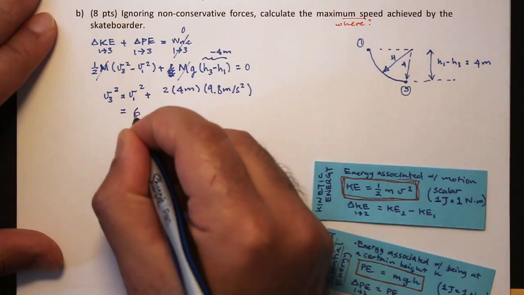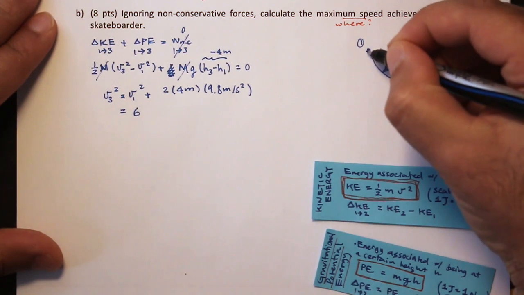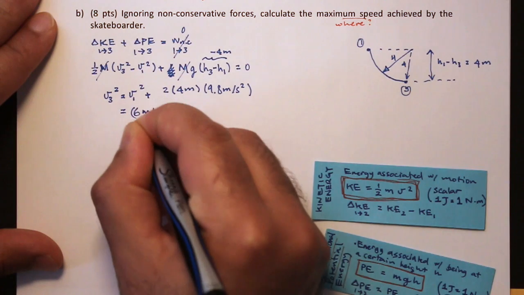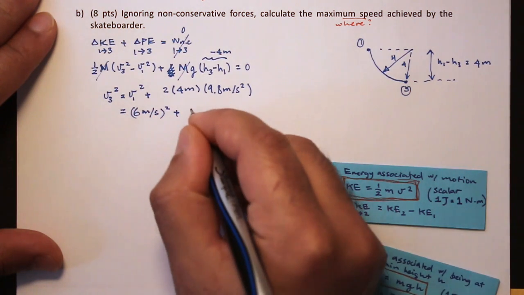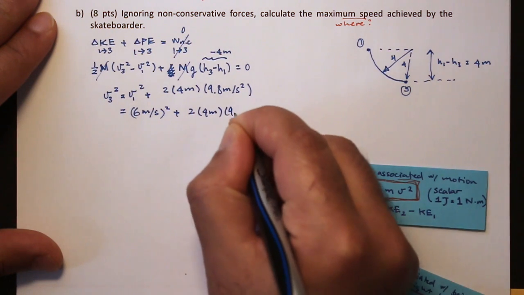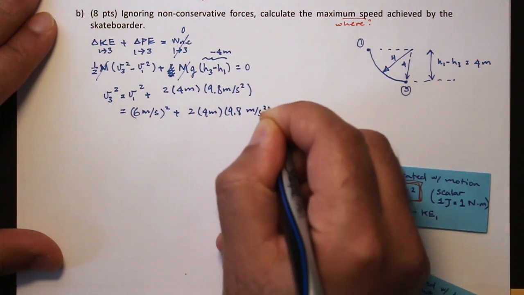Okay, and I know that the velocity at point 1 is equal to 6, so that's 6 meters per second all squared plus 2 times 4 meters times 9.8 meters per second squared.